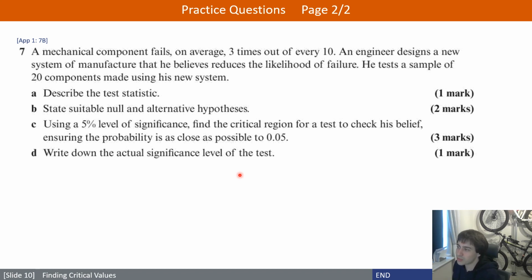So you want to be able to do at least one of these critical region or critical value questions correctly, and then as confirmation, maybe just do one more. So I would advise, if you have time and you haven't needed to ask for help as much, then try and answer at least one more from the textbook, page 103 and 104. Double check that you do actually know what you're doing, rather than just seeing the answer in the textbook and convincing yourself that you knew that would be the case. Okay, try and do at least one by yourself, and then have it confirmed correct.